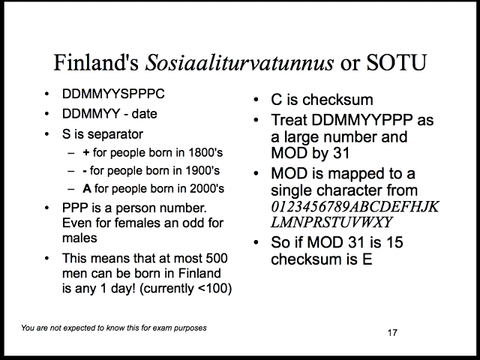I know there's a check digit at the end of the CAO number, but it's a secret how it's calculated. I tried to find out and I couldn't. I thought it'd be a very good example, but it's a secret how it's done.